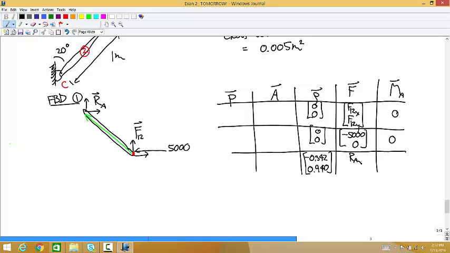The force vector is RAX, RAY. And so the moment is negative 0.342 RAY minus 0.940 RAX.